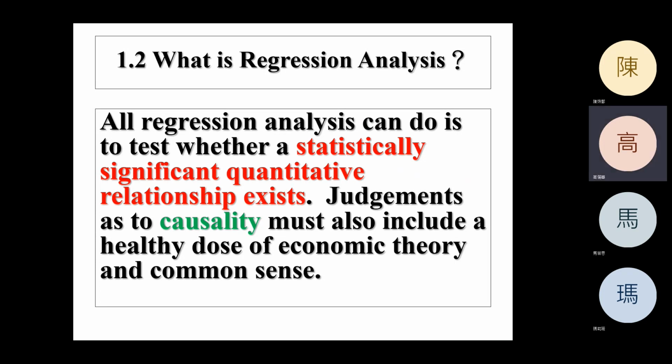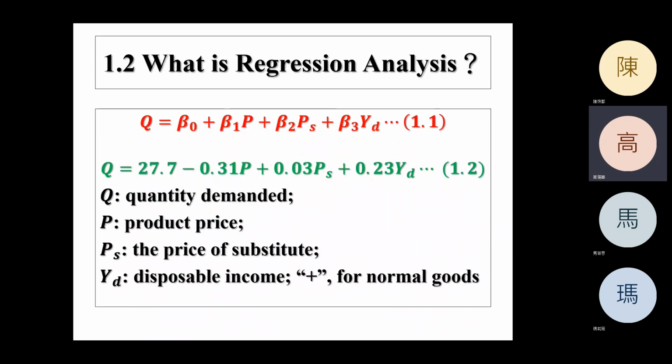Okay, so the important words here are "statistically significant", and also that a quantitative relationship exists. If I go back to the equation, all these numbers are called the quantitative relationship.